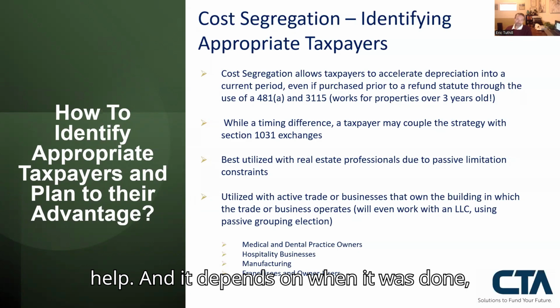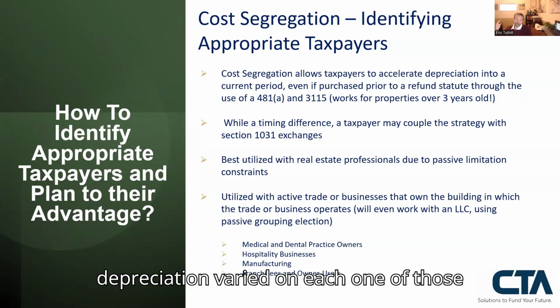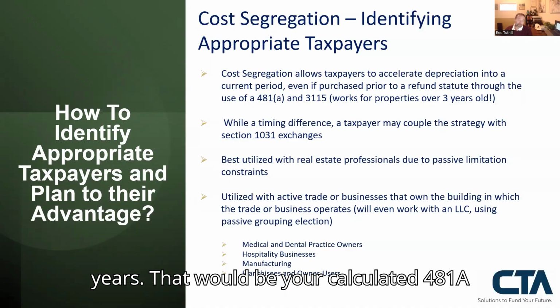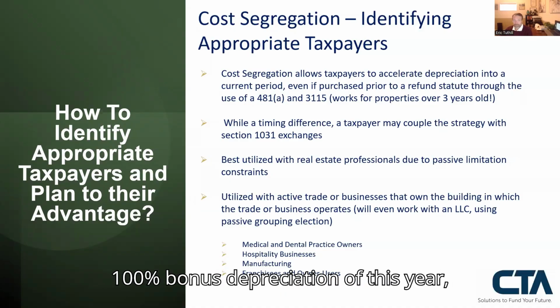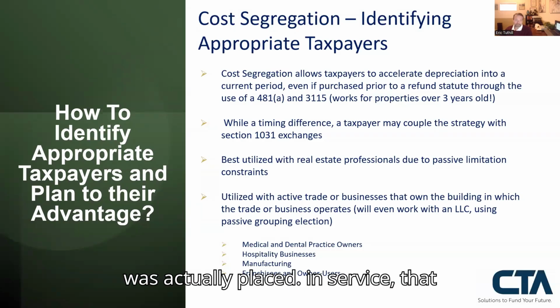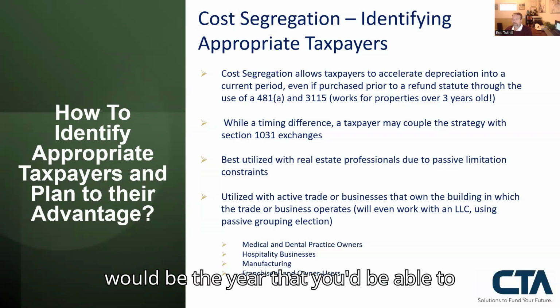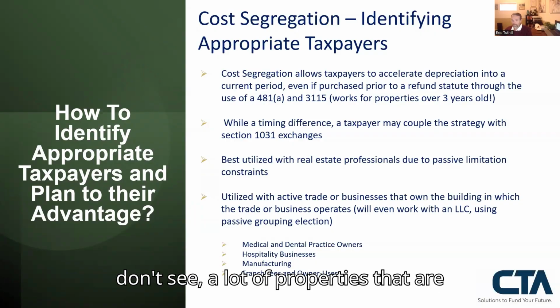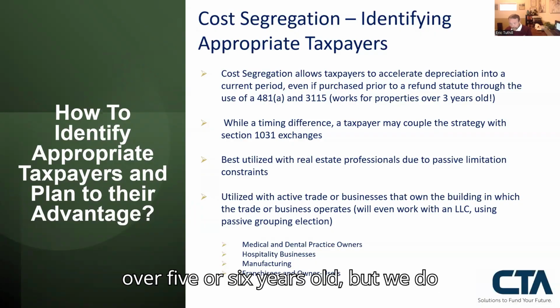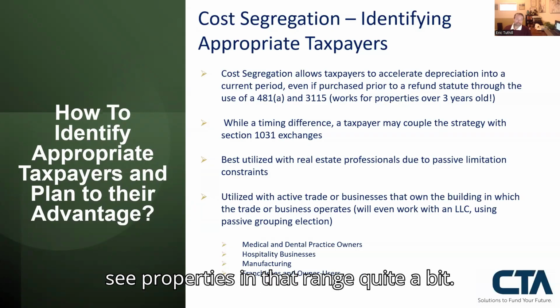It depends on when it was done, because the bonus depreciation varied in each of those years. That would be your calculated 481(a) adjustment. You're not going to get the 100% bonus depreciation of this year. It depends on the year in which it was actually placed in service. That would be the year that you'd be able to apply that bonus to. We generally don't see a lot of properties that are over 5 or 6 years old, but we do see properties in that range quite a bit.